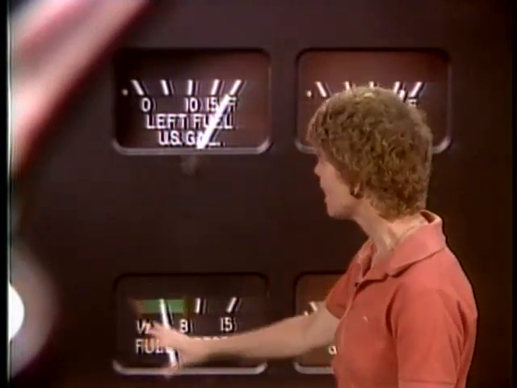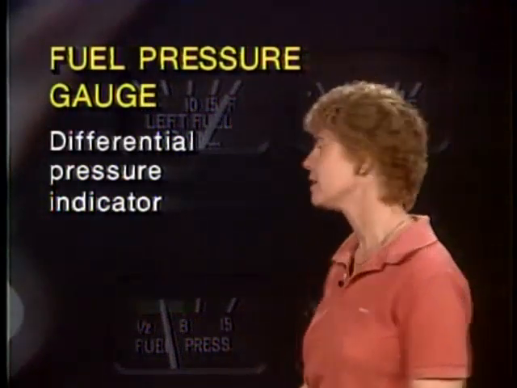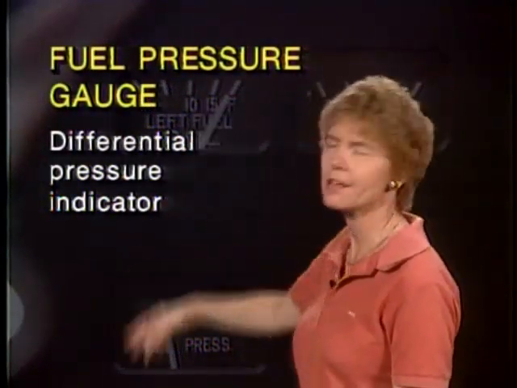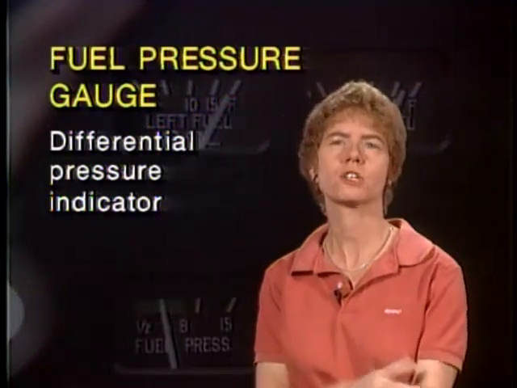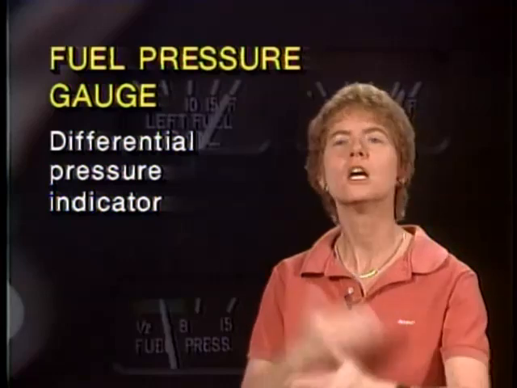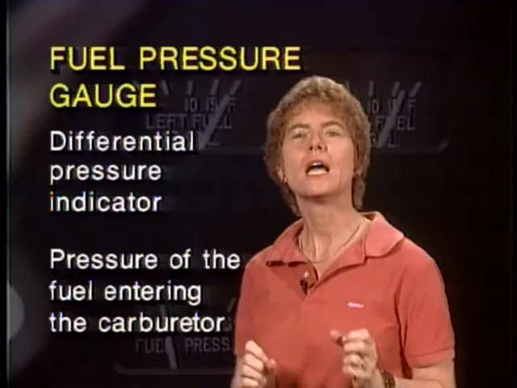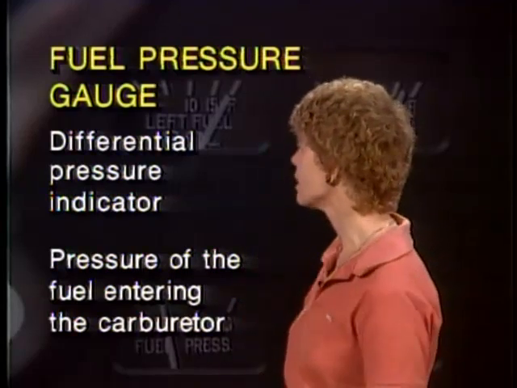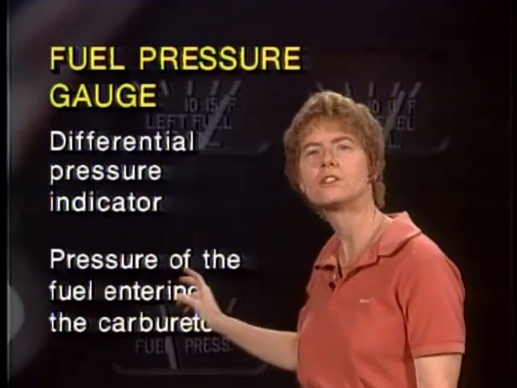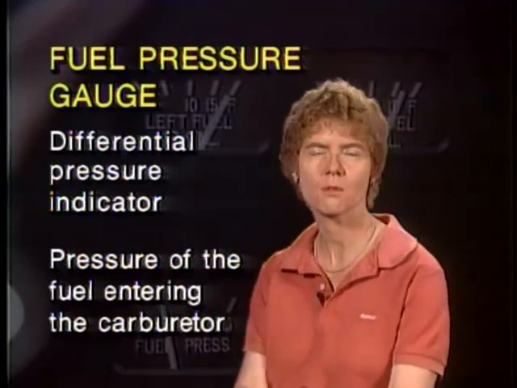A fuel pressure gauge, like you have in, say, an Archer, is a differential pressure indicator. It's a differential pressure indicator because it's using fuel pressure and ambient atmosphere in order to get a differential pressure indication. And the fuel pressure gauge indicates the pressure of the fuel as it's going into the carburetor.